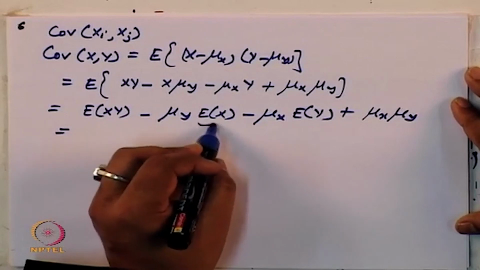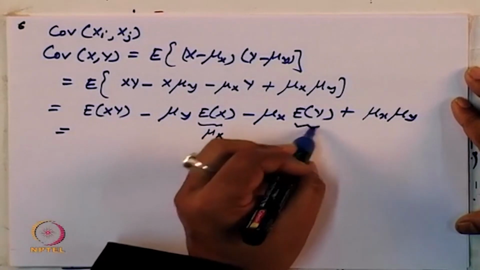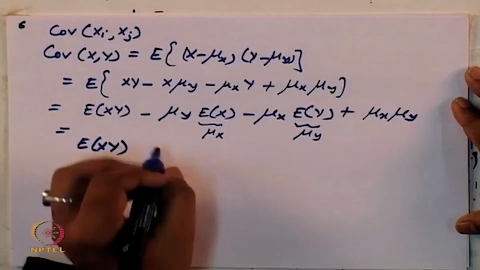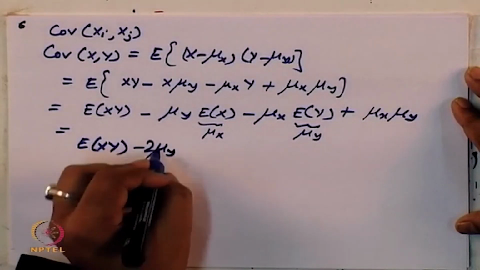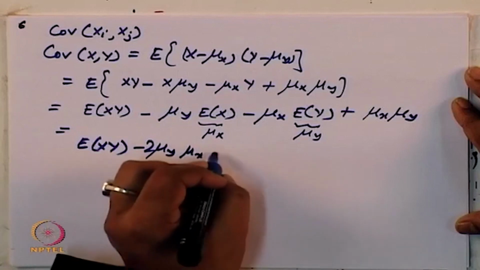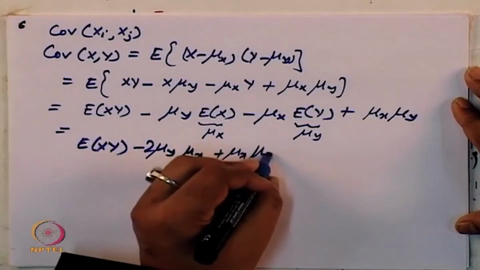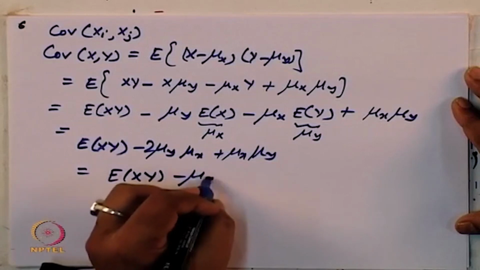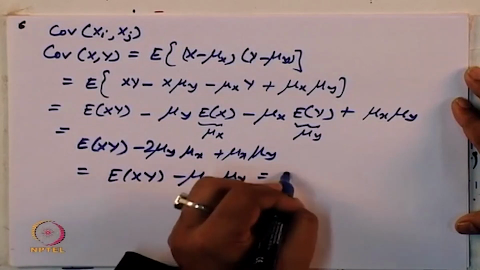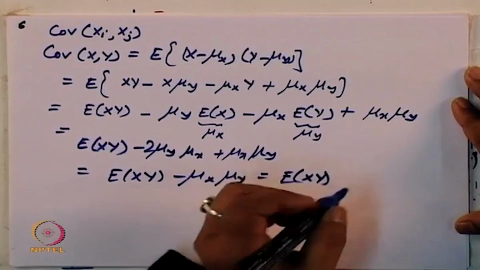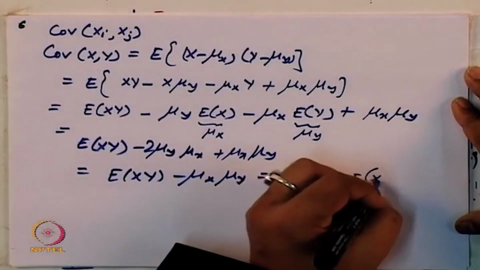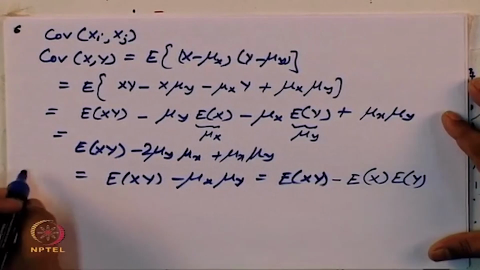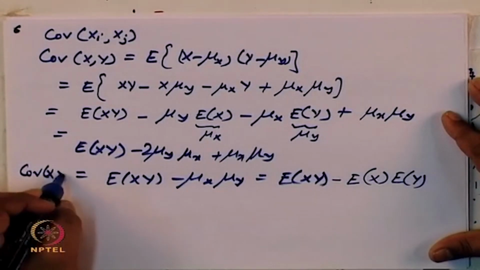E of x is mu x and E of y is mu y. So, this becomes xy minus 2 mu y mu x plus mu x mu y. Finally you can write it as E of xy minus mu x into mu y, equal to E of xy minus E of x into E of y. So, this is your definition of covariance of x comma y.